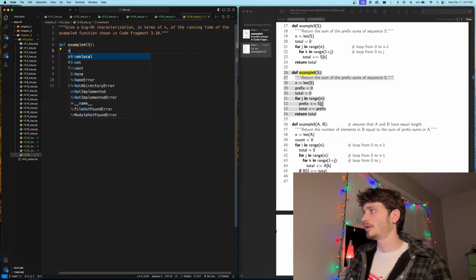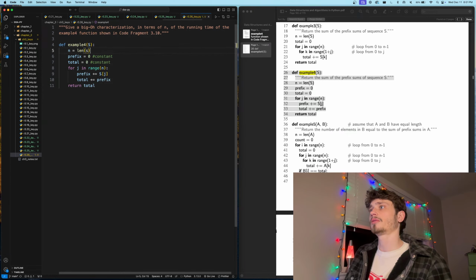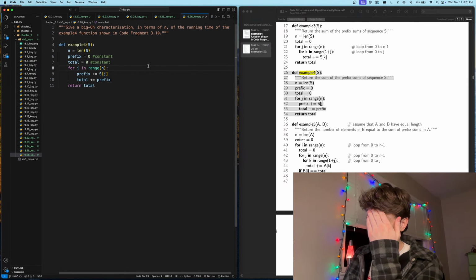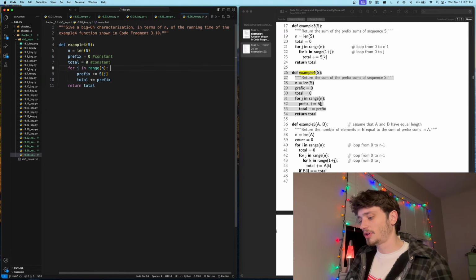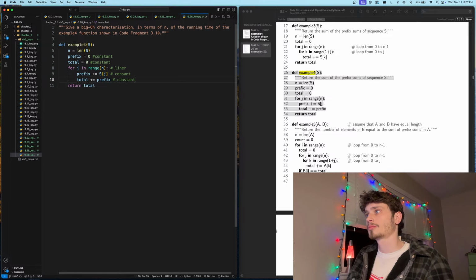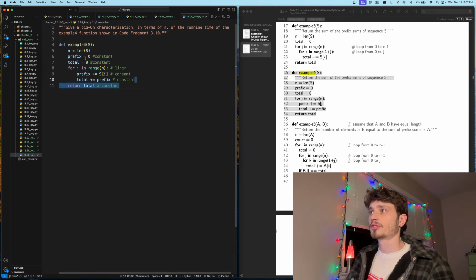Prefix n equals length s. There we go. Okay. So for j, this is going to be linear. This is going to be constant. And this is going to be constant as well. As well as this. So this is going to have an overall time complexity of O of n.